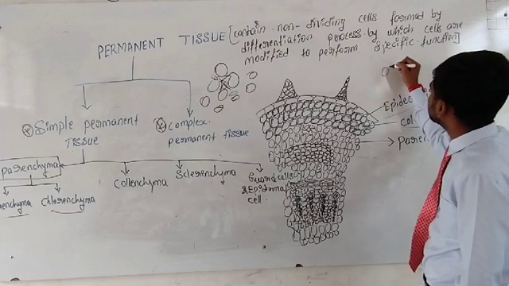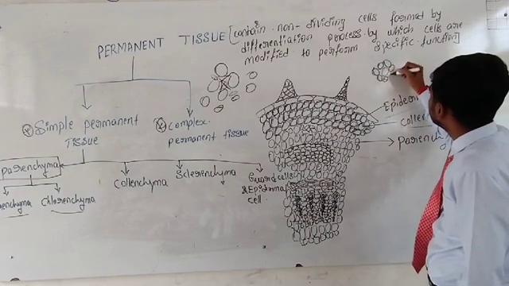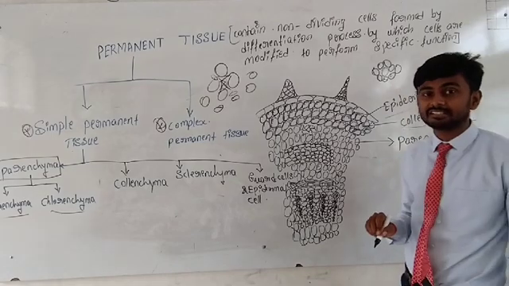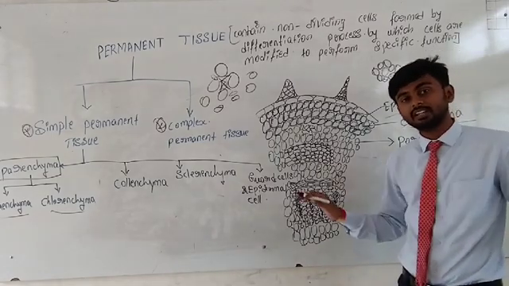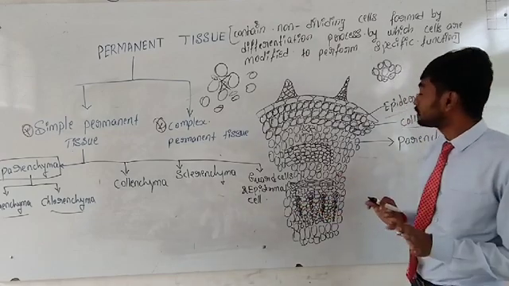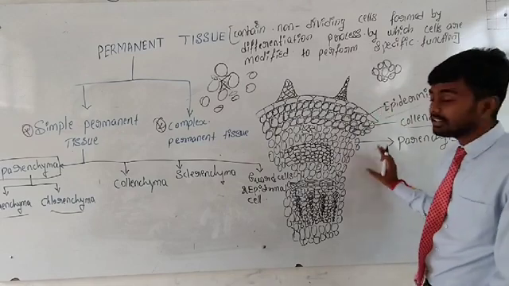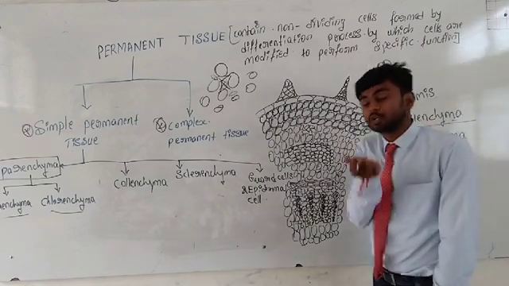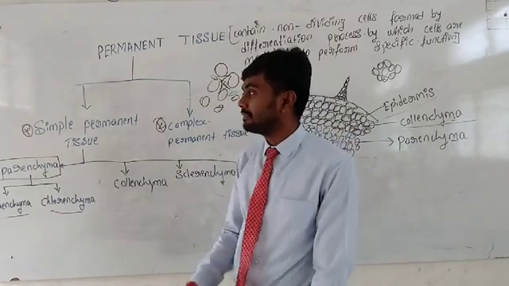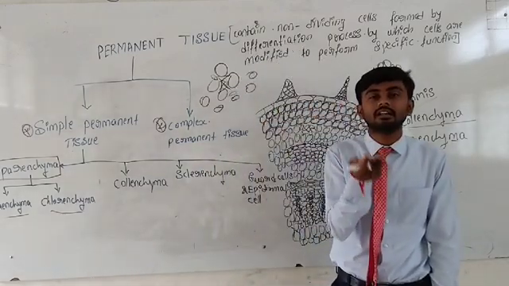The collenchyma cells are not very closely and not very loosely arranged. They are medium arranged in the stems or in the plant bodies. But the collenchyma cells have very few intercellular spaces.